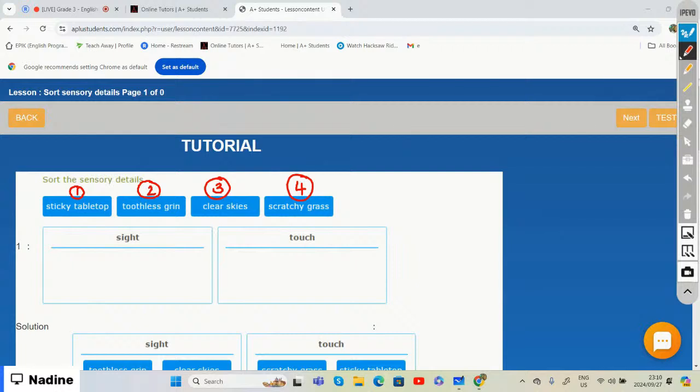Number one, is it a sticky tablecloth? Number two, a toothless grin. Number three, clear skies. Or number four, scratchy grass.